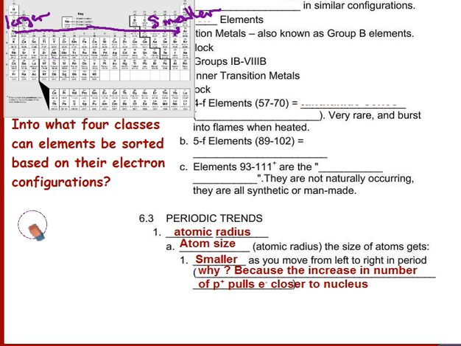The increase in protons causes the electrons to shrink in toward the center, so our sodium right there is going to be bigger than our chlorine because it has fewer protons in the nucleus.